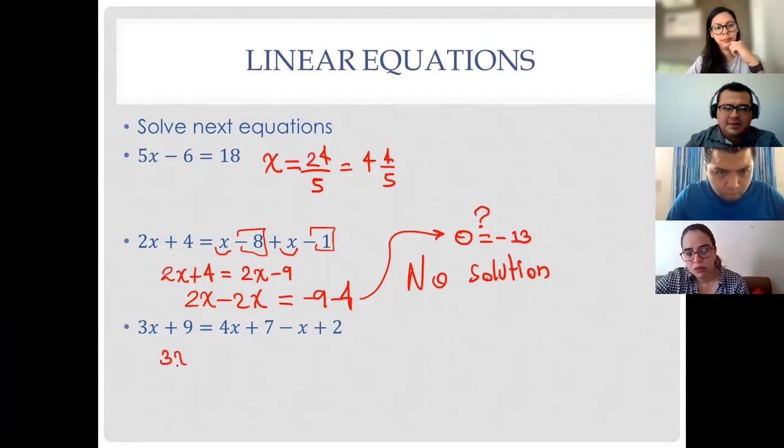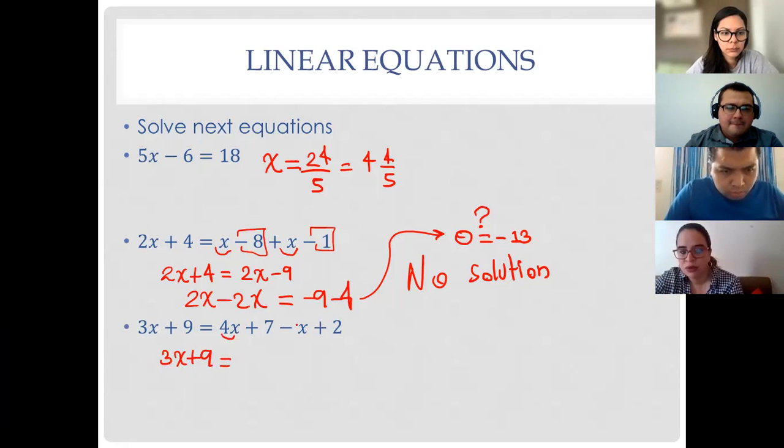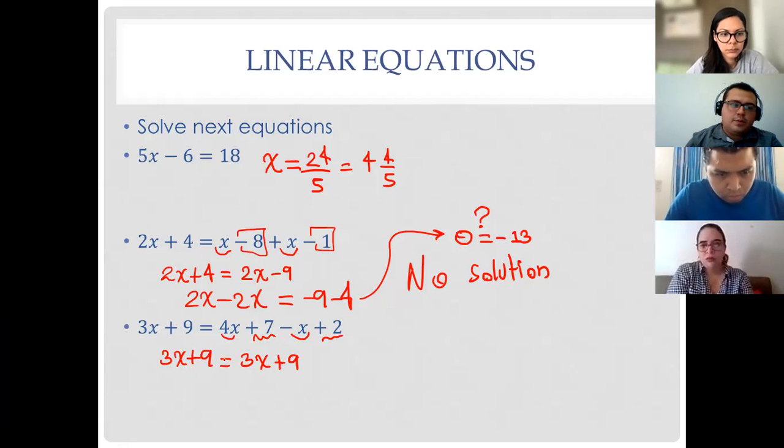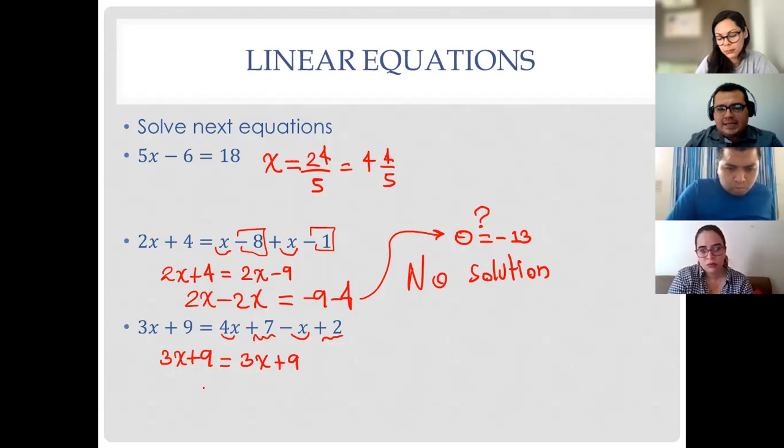Let's simplify this one to show 0 on both sides. Working the like terms, here I'm going to have 3x and here I'm going to have 9. Practically I have the same on both sides. So at the end, passing to the other side, you're going to have 0 equals 0.